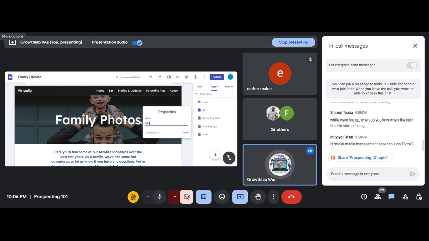So you can name these services. Then this is about us. So I can have this be about us or about me. Then you can have this as contact me.